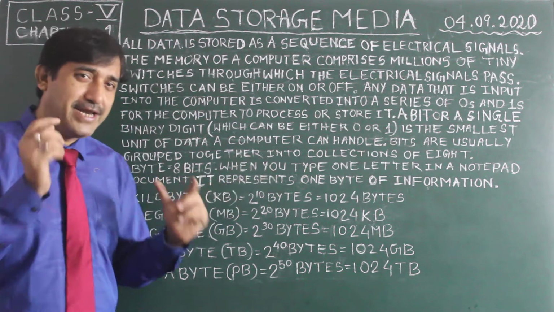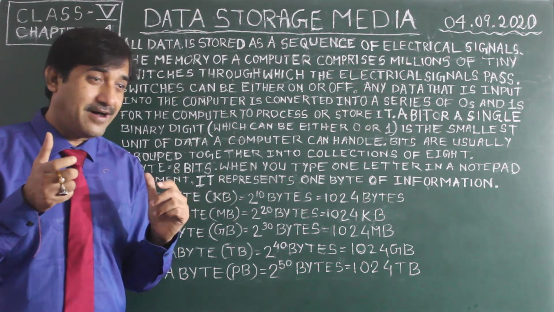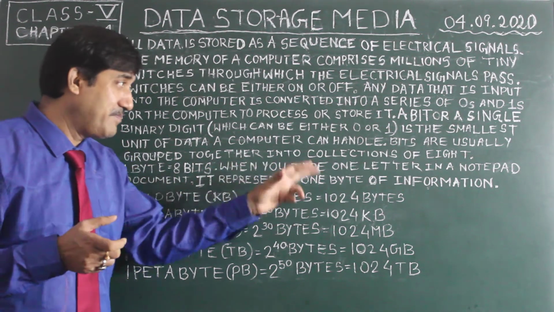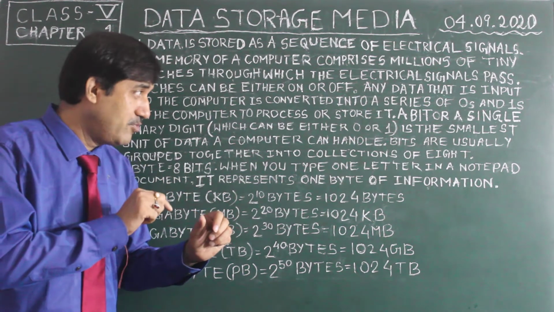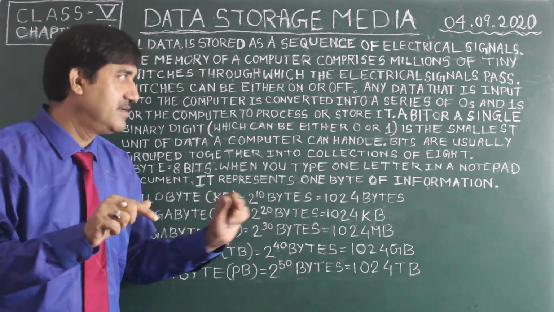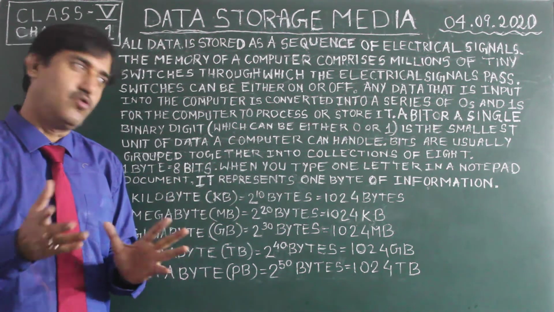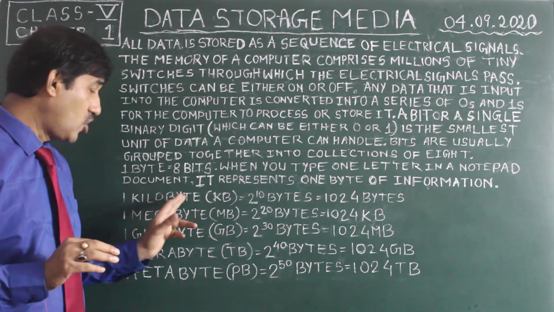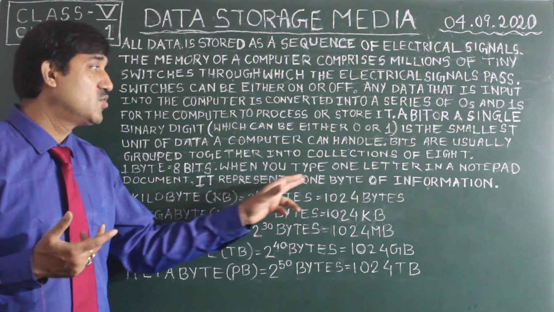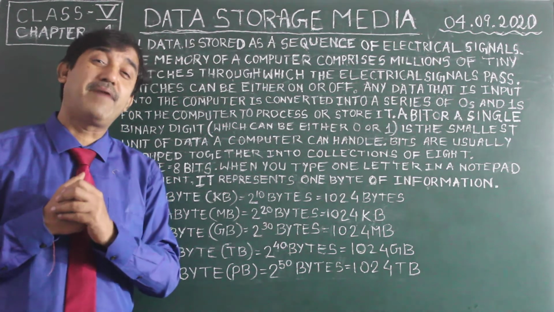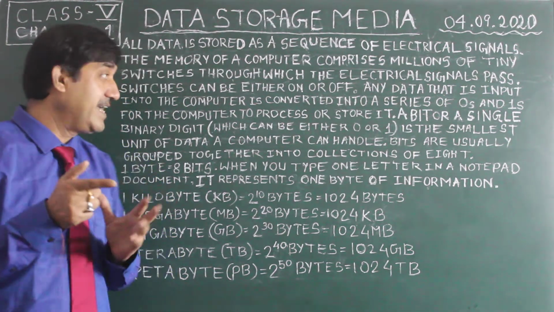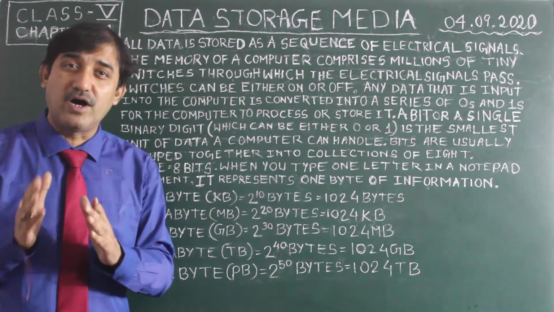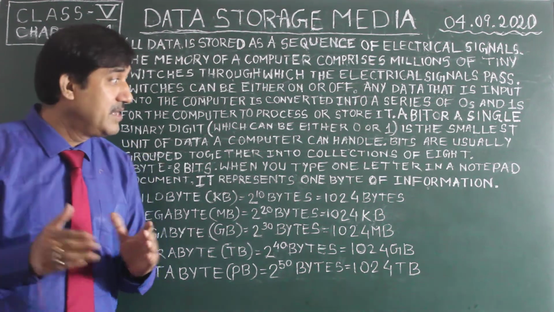Very important, you will find this very interesting. When you type one letter from the keyboard, suppose you press A in a notepad, a small notepad where you can type a document, it represents 1 byte of information. 1 byte of information means 8 bits. So eight 0s and 1s will make the particular data.